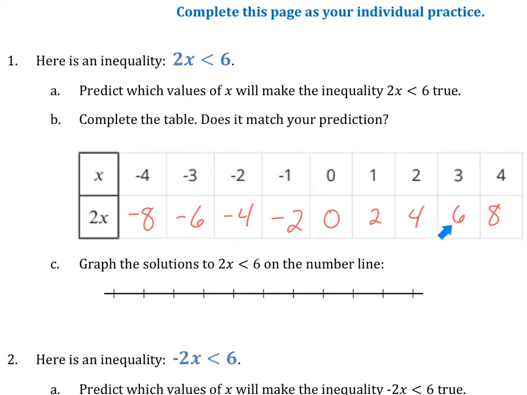Because 6 is equal to 6, and our inequality is just less than 6, not equal to 6, and then 8 obviously is larger than 6. So for our solution, I should say, anything that is less than 3 is going to give us a solution that works for this.